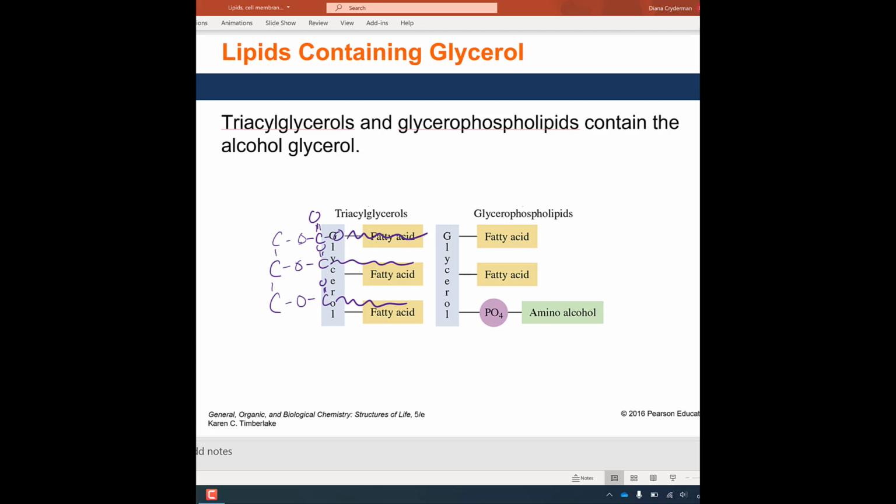Over here, we'll have something similar, except for here would be our 3-carbon backbone.